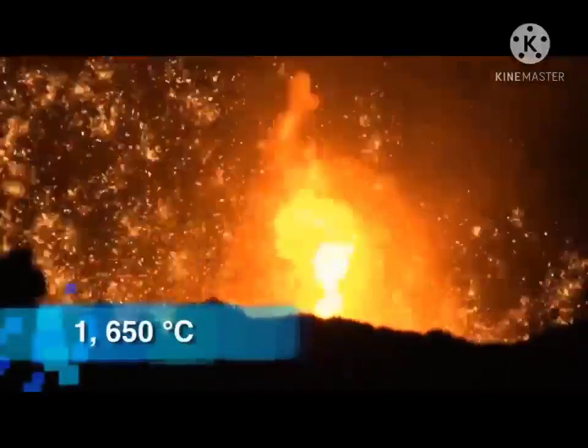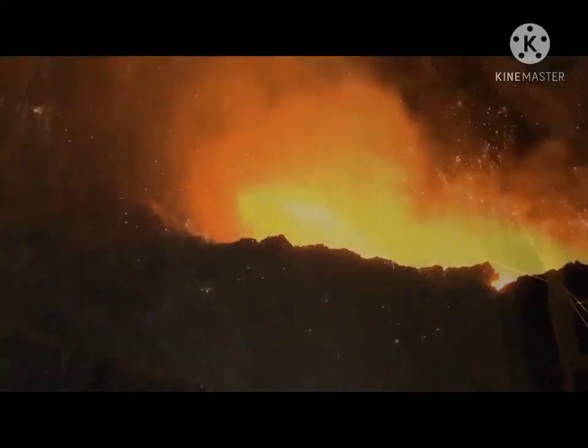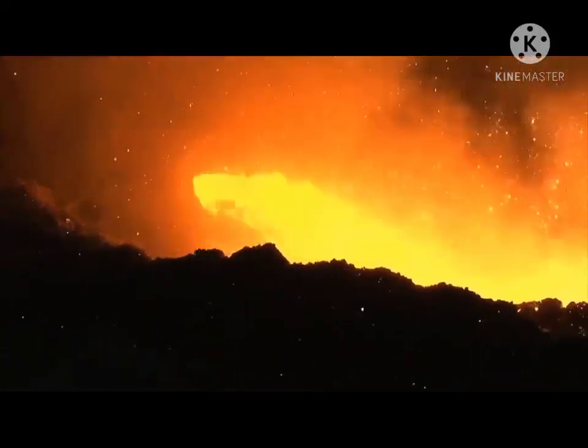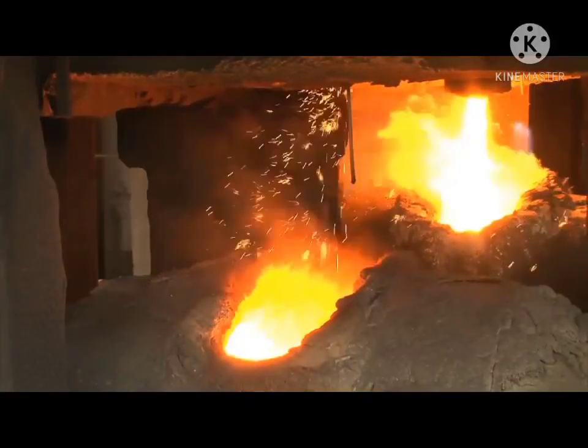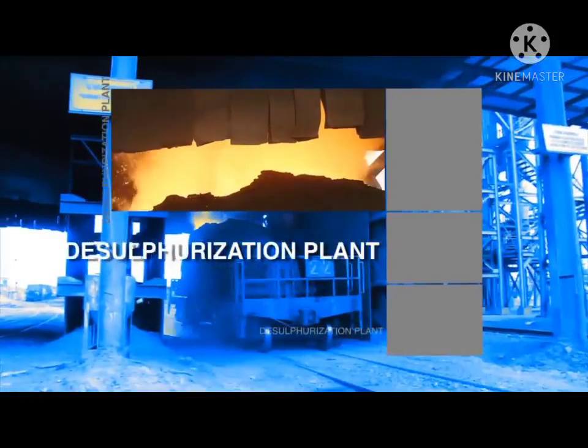There are two main processes for producing steel: by means of a blast furnace, or indirect reduction, in combination with a converter, or by means of an electric furnace. In the former process, iron ore is the main raw material.